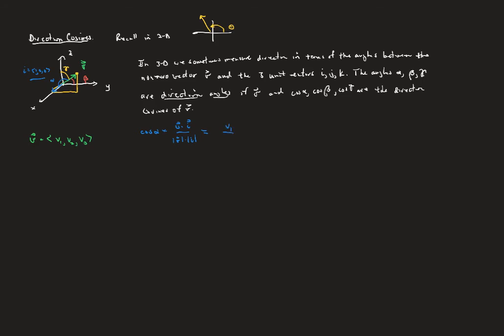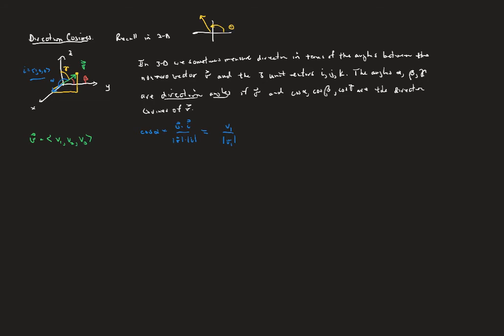So that's going to give us just v1. Now I is a unit vector, so its magnitude is 1. So what we're getting is that the cosine of alpha is just v1 over the magnitude of v.